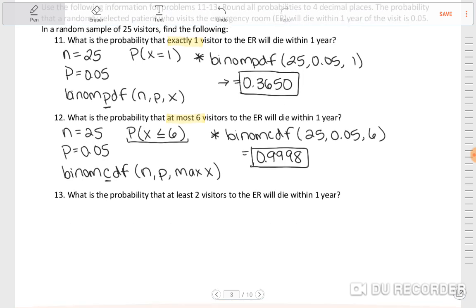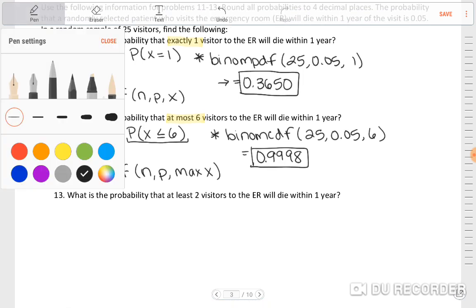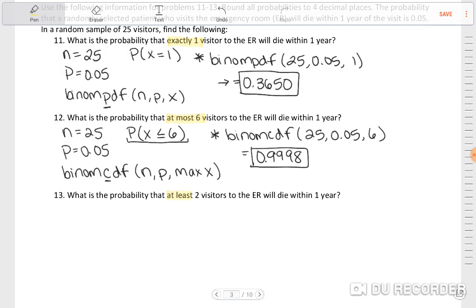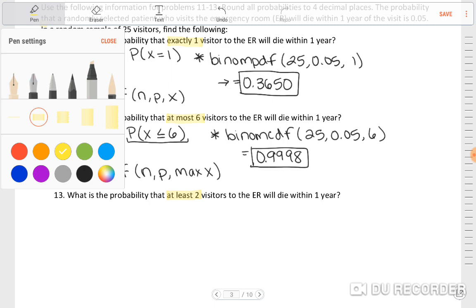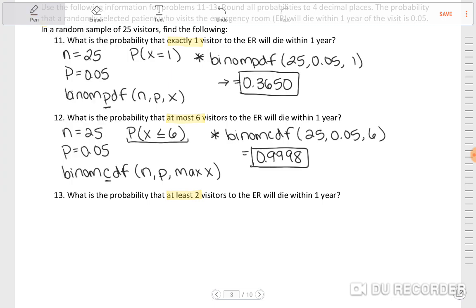Okay, what is the probability that at least 2 visitors to the ER will die within a year? So at least 2 means, well, let me write this stuff down, n and p. At least 2 means 2 or more, right? So the probability that x is greater than or equal to 2.